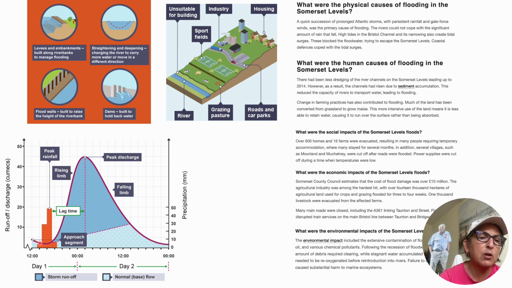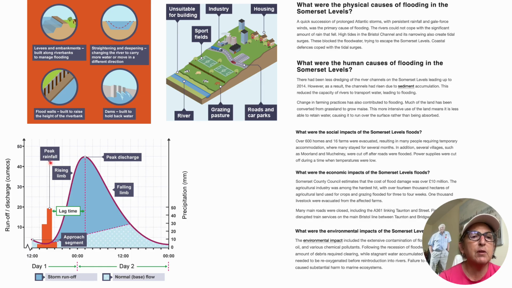Okay, there's not much water flowing through this point down here, but then it rains, and rapidly the amount of water going into the river increases, therefore its speed increases, and this is the peak point, the peak discharge, the point when the amount of water passing through a particular point is greatest.